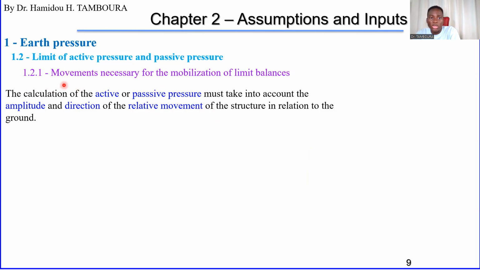That's why we are talking here about movement necessary for the mobilization of the limit balance. Calculation of active and passive pressure must take into account the amplitude and direction of the relative movement. How much the wall did move and in which direction the wall did move.